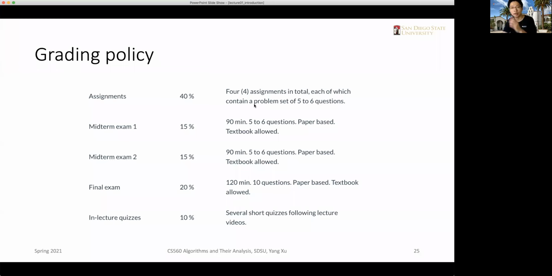So here we'll talk about the grading policy. This slide is not changed yet. The assignments take 40%, and I said 4 assignments in total.